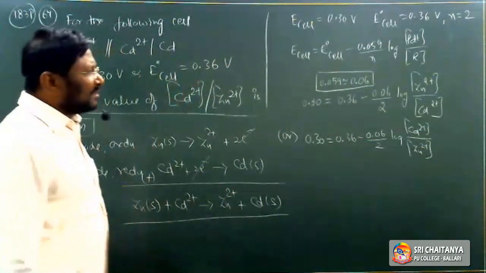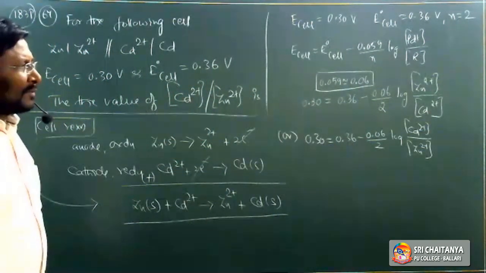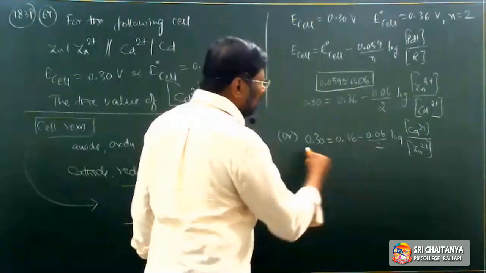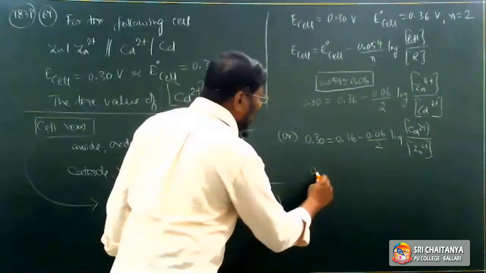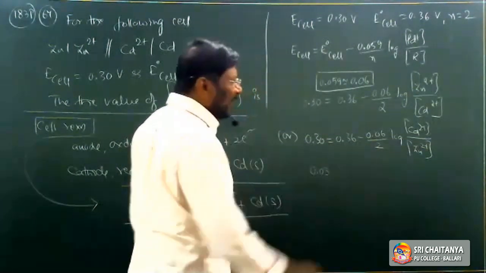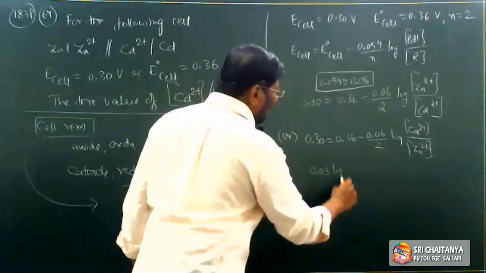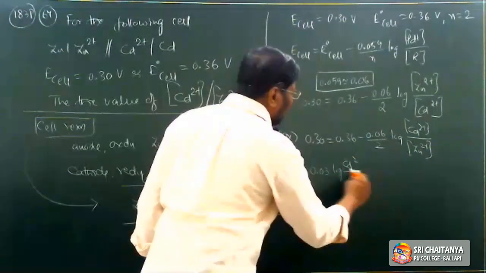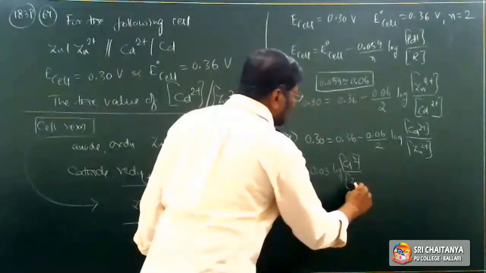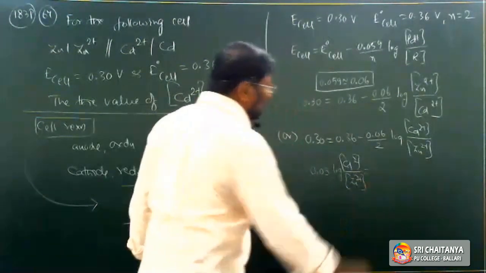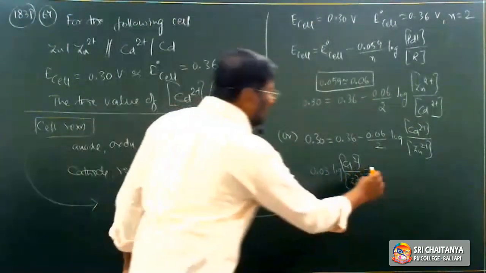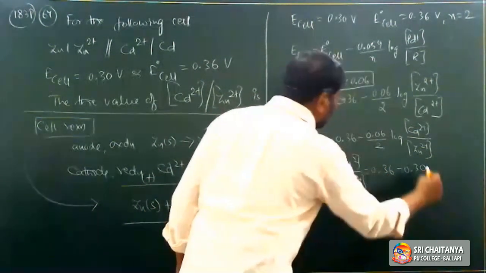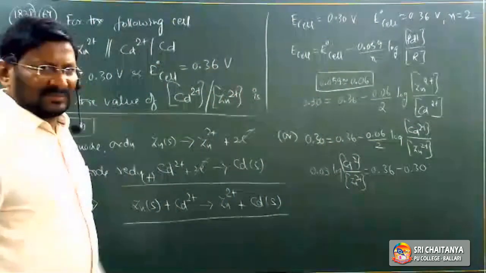Yeah, now let us see again. 0.03 log of Cd2+ divided by Zn2+ is equal to 0.36 minus 0.30. That is it, not?